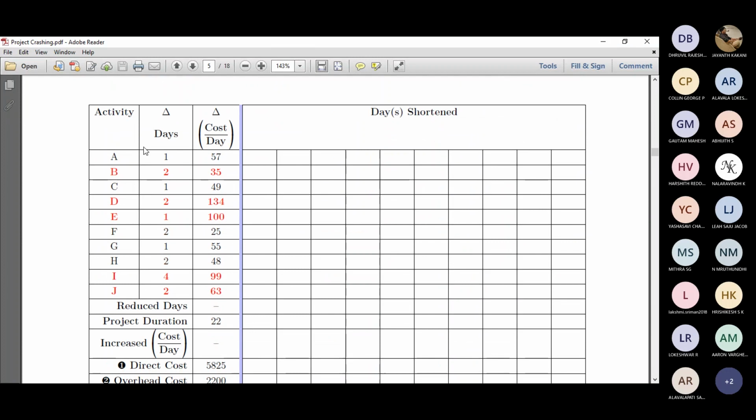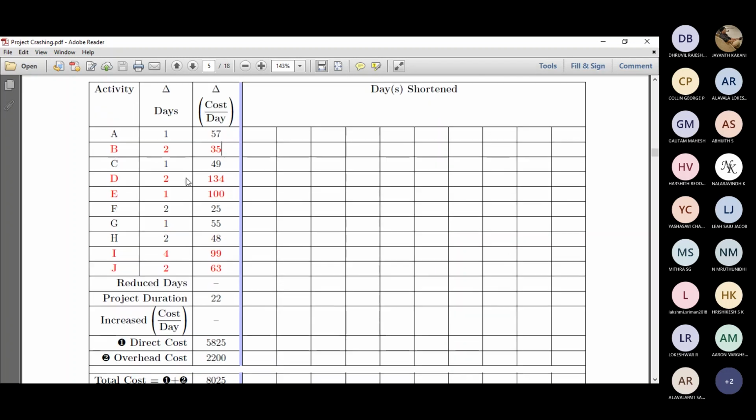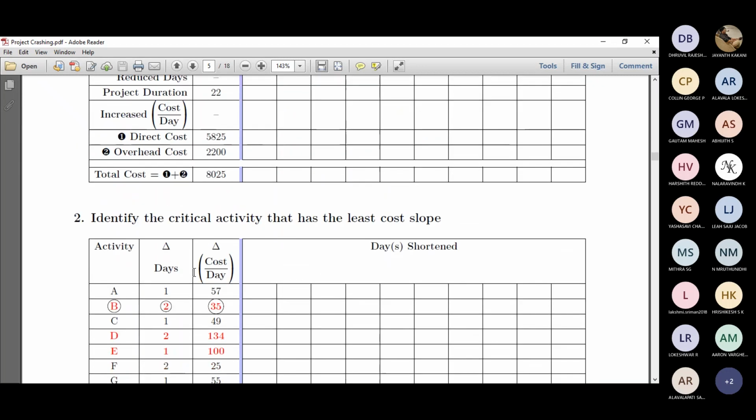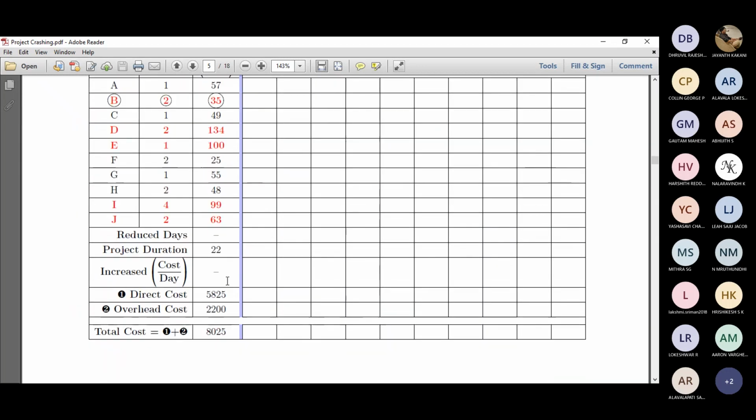So we only have activity, difference in time, and the cost slope. So we don't have to really look into other aspects. So this is the final table. In examination, you can take a look at this table itself. You can start working on your computation in this table itself, right? As simple as that.